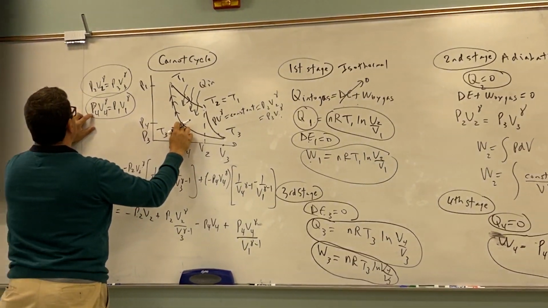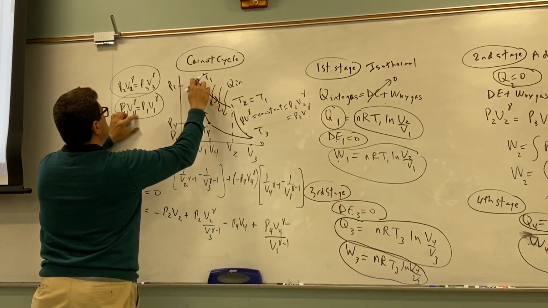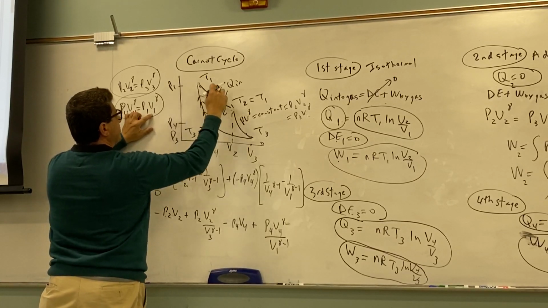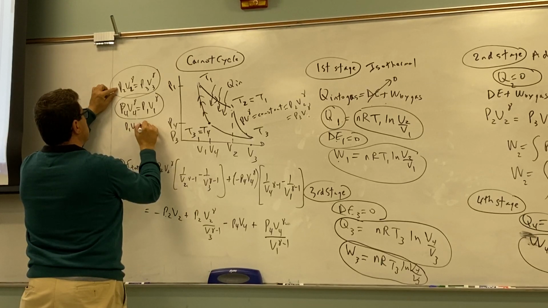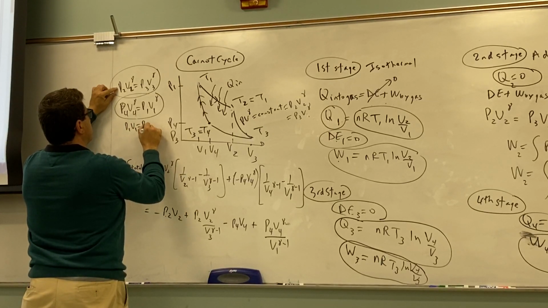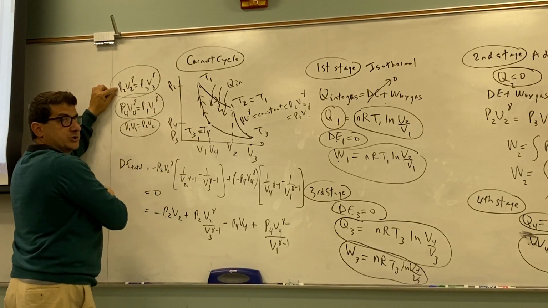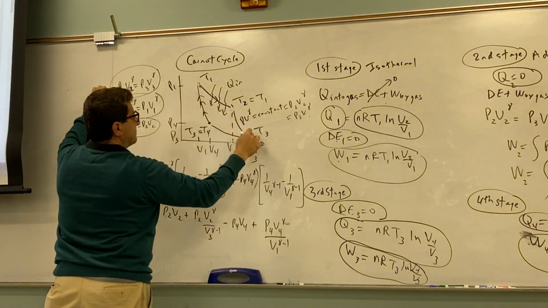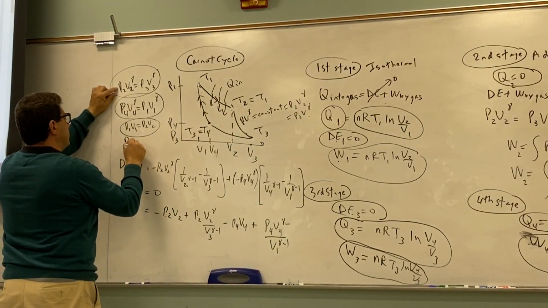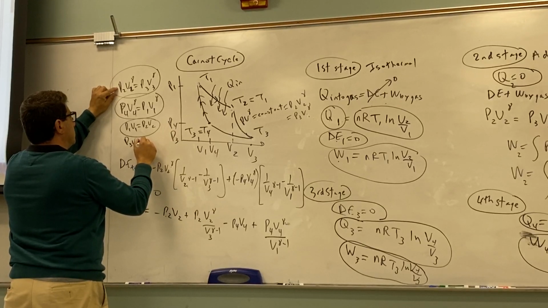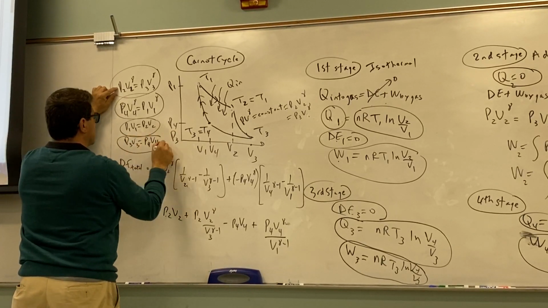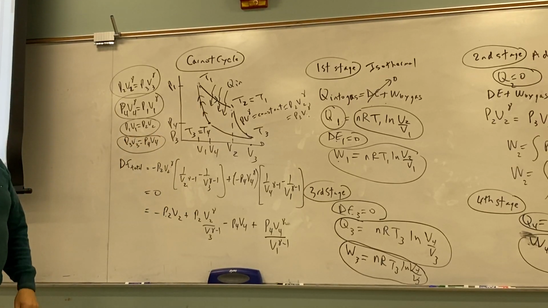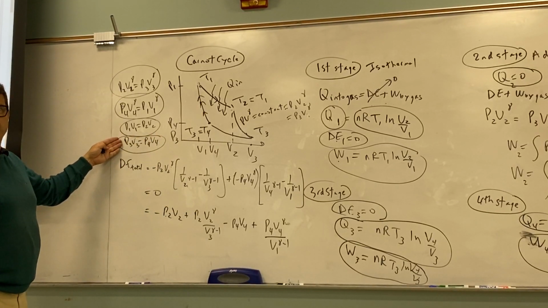Then you have P4 V4 to the gamma is P1 V1 to the gamma. And from here to here is isothermal, so you could say P1 V1 is equal to P2 V2. And from here to here, P3 V3 is P4 V4. That's isothermal.